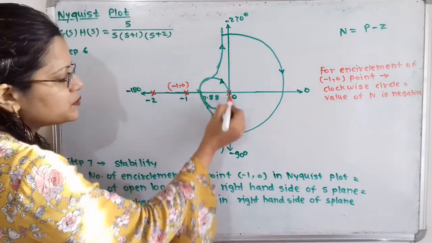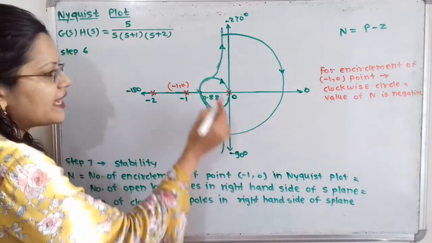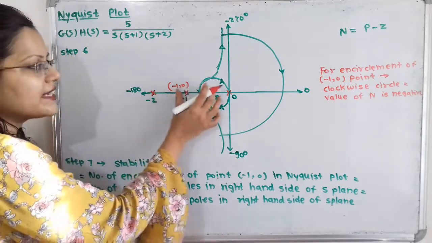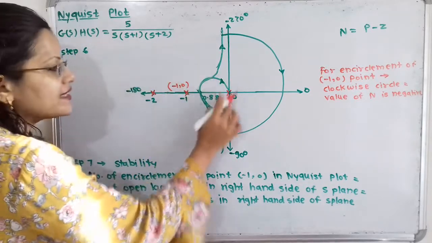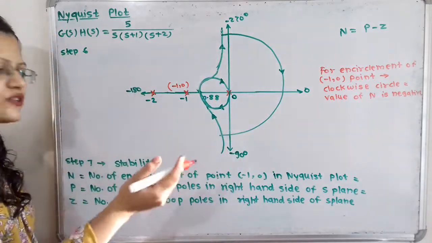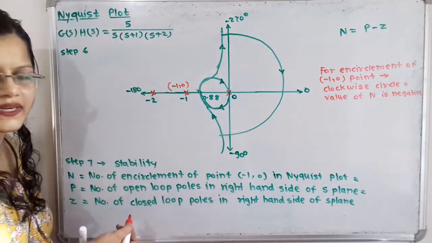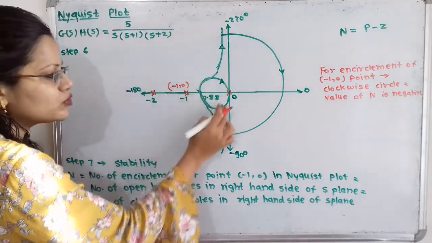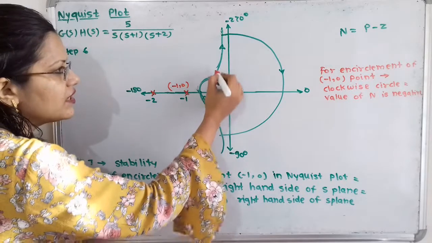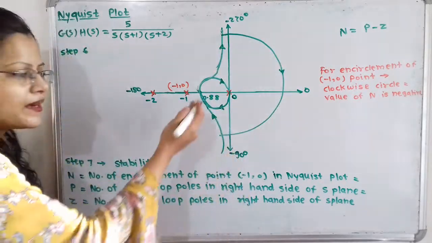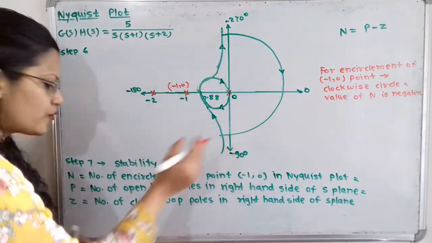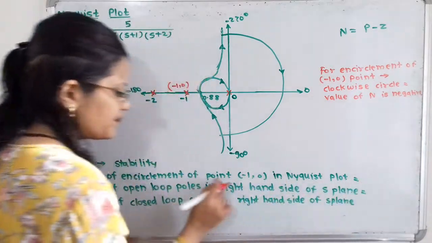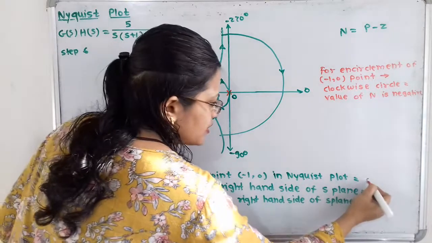Out of this Nyquist plot there are circles, and if the point minus 1 comma 0 is enclosed by these circles, then this is known as the number of encirclements. In this diagram, minus 1 comma 0 is outside the two circles. Here is one circle and this is the second circle, but the point is outside both. So for this plot, the number of encirclements in the Nyquist plot is equal to 0.